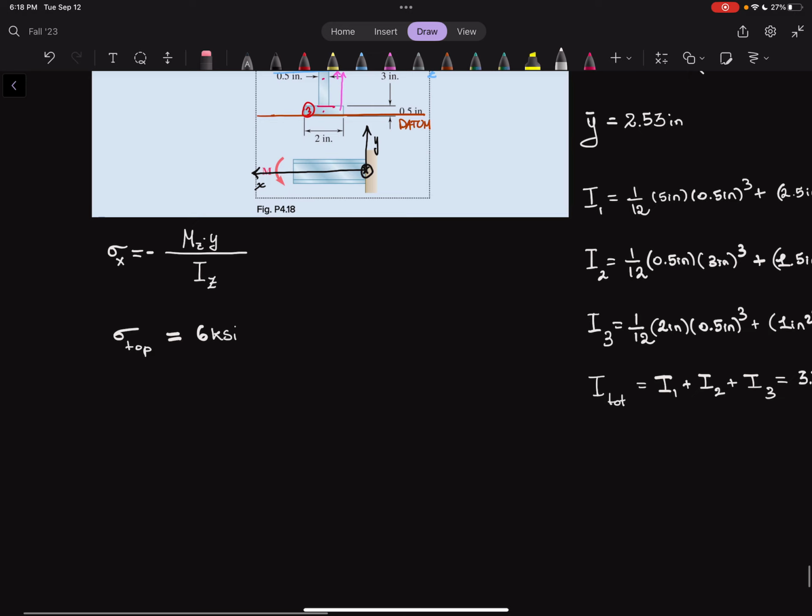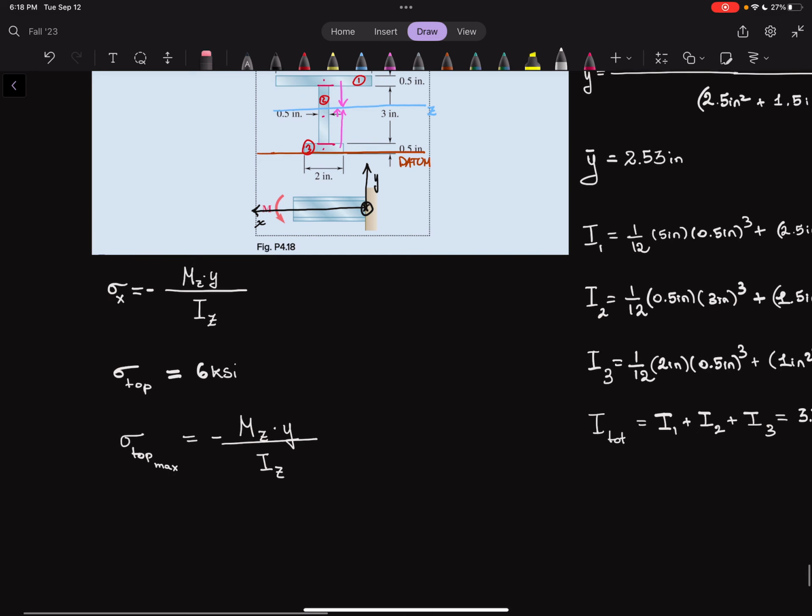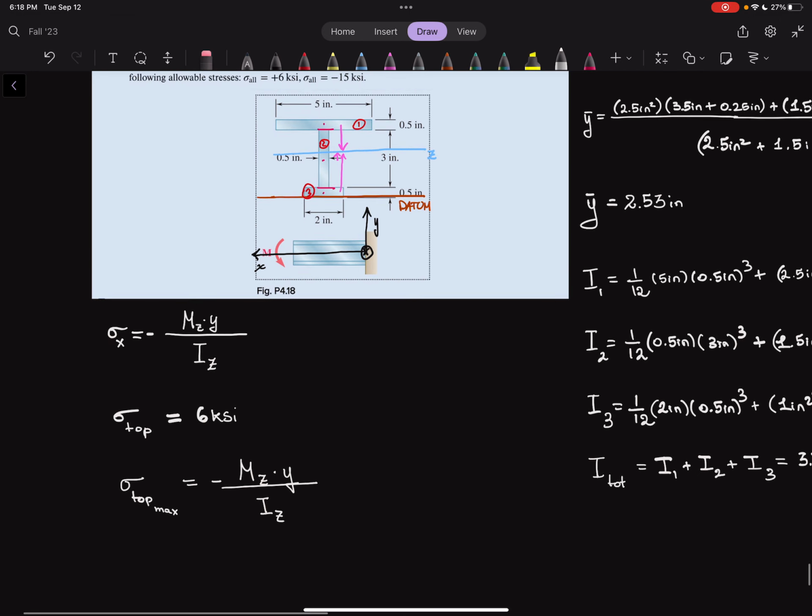And so basically we can say that sigma top max should be equal to minus the moment about the z-axis times y distance divided by Iz. Well, we have Iz. What's the y distance for the top? Well, that entails finding this distance. And that distance is going to be the overall height minus the height of the centroid of the composite shape.